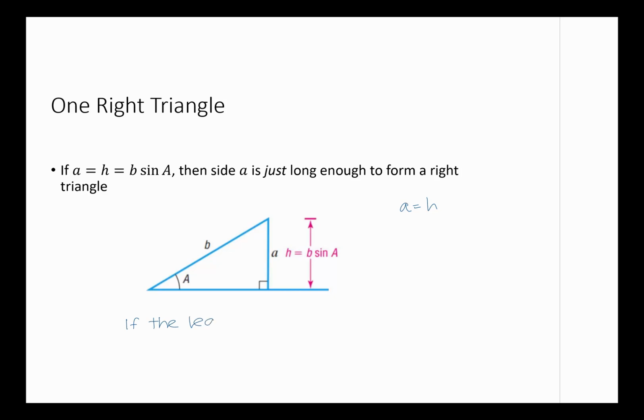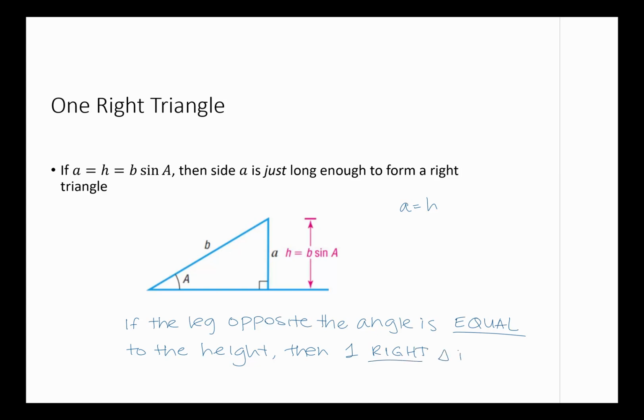So if the leg opposite the angle is equal to the height, then one right triangle is possible. Pretty straightforward. If we calculate the height and we find out that the side we're looking at is equal to it, we have one right triangle.